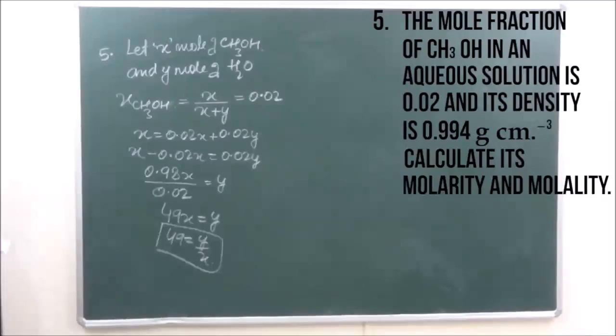So this part we have to remember: 49 is equal to Y upon X. Or X upon Y will become equal to what? Reciprocal.